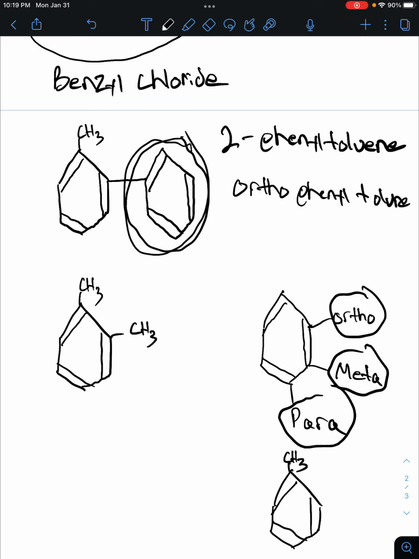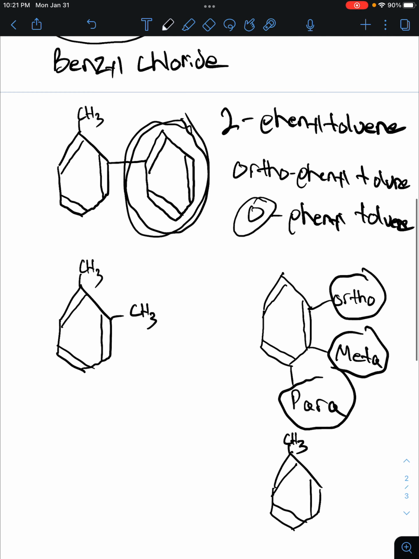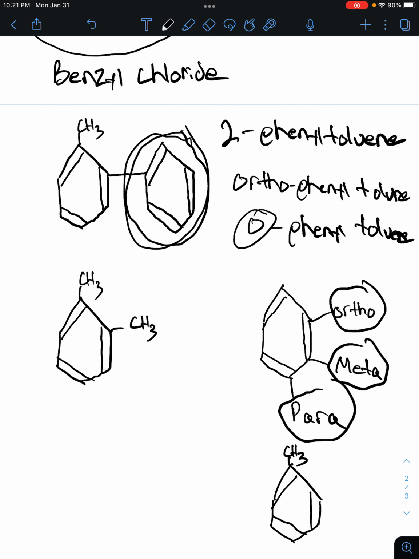However, more than likely you will simply see that as O-phenyl toluene. More than likely you'll always see the ortho, meta, and para simply abbreviated with the first letter.